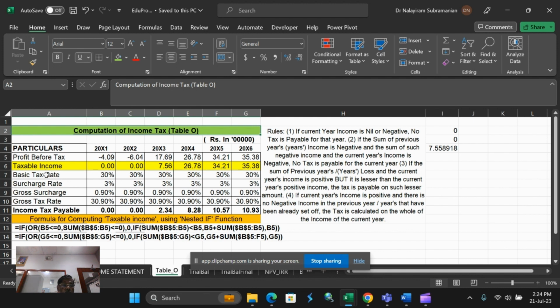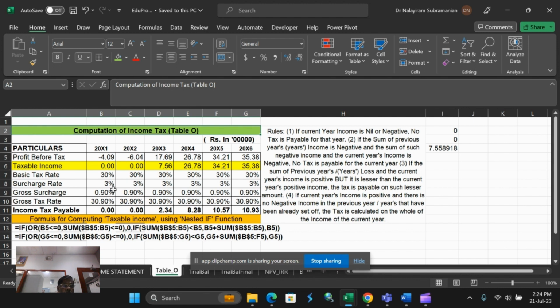If you look at the basic tax rate, then you can look at something called surcharge rate. Surcharge rate is a percentage of the basic tax rate. It is not a percentage that is applicable directly on the taxable income. Rather, it is a percentage that is applied on the basic tax rate. So the gross surcharge is 0.9 percentage.